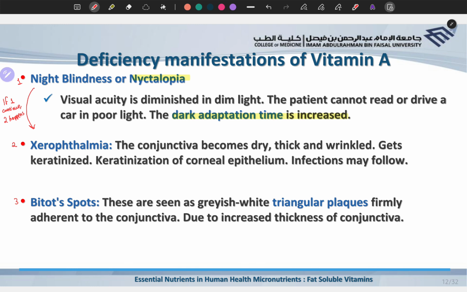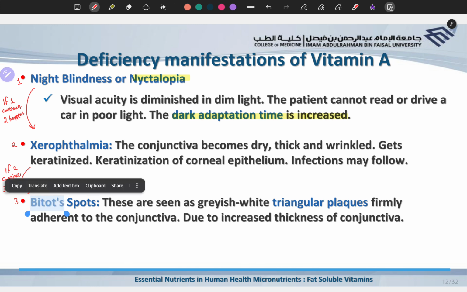And if it continues, you will get this characteristic finding, Bitot spots. Bitot spots, what are they? They are triangular plaques on the conjunctiva. Google the picture of Bitot spots. They are grayish white triangular plaques which are firmly adherent to the conjunctiva. There is increased thickness of the conjunctiva.